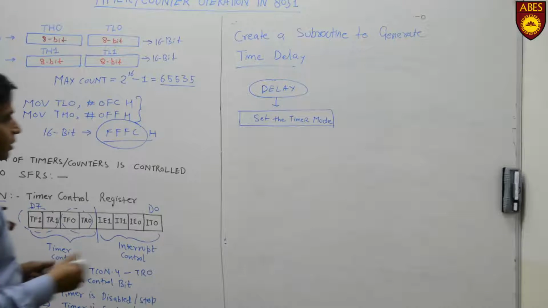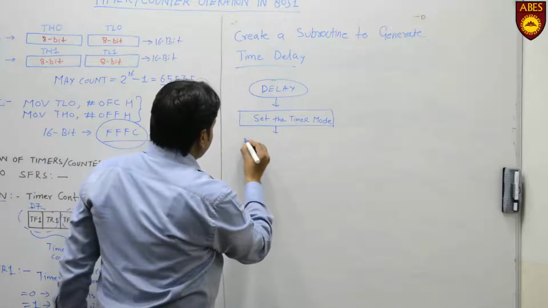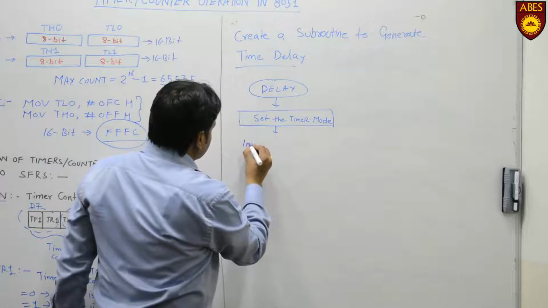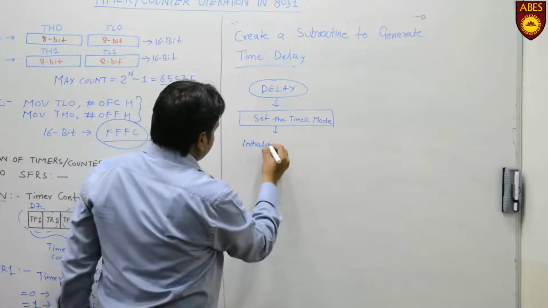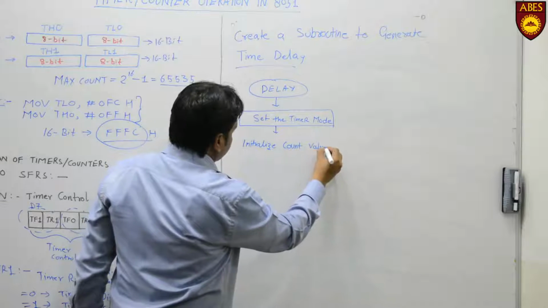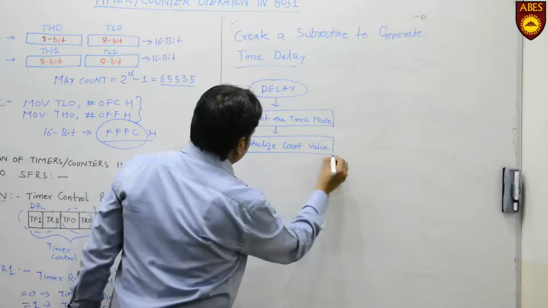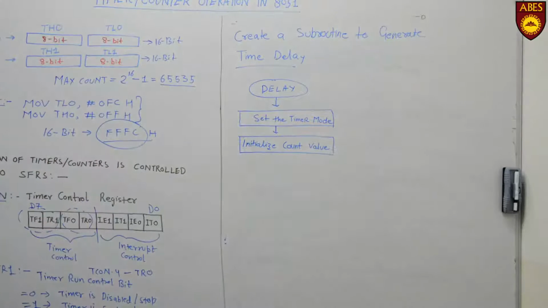We will write a particular value to the TMOD register that will decide the mode of this timer. After setting the mode, we have to initialize some count value in the TL and TH registers. And this count value will basically depend on how much time delay we want to generate.